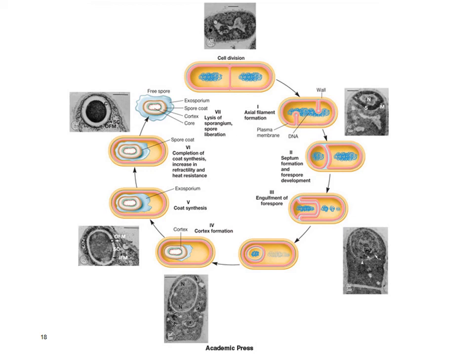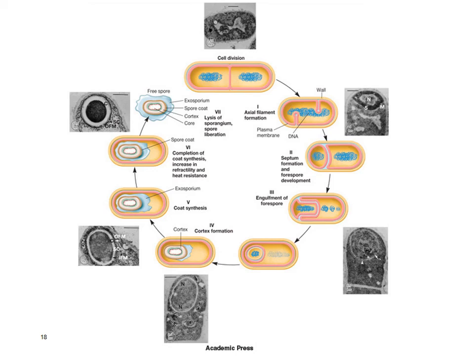So firstly, in stage 1, a filament of nuclear material forms. In stage 2, there's an inward folding of the cell membrane to enclose part of the DNA and produce what's called the forespore septum. The membrane continues to grow and engulf the immature endospore in a second membrane. This occurs in stage 3, engulfment of forespore.